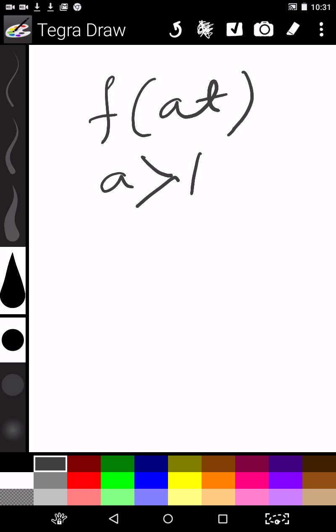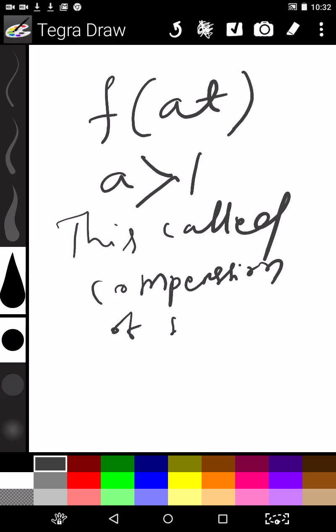The signal will be processed for a short period of time. So this is called compression of signal.